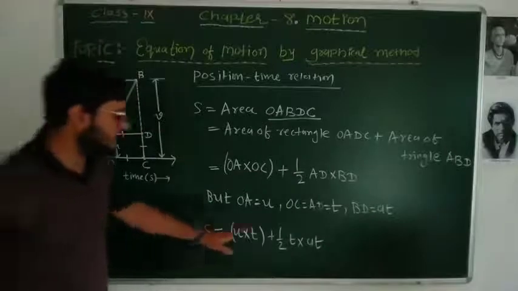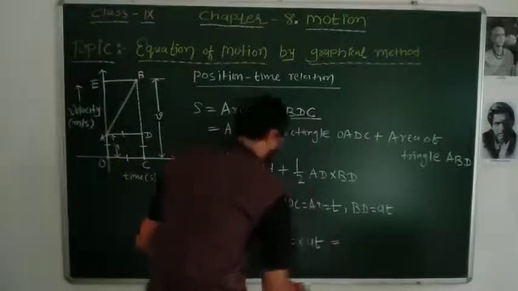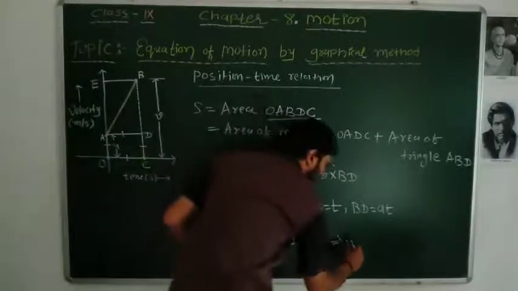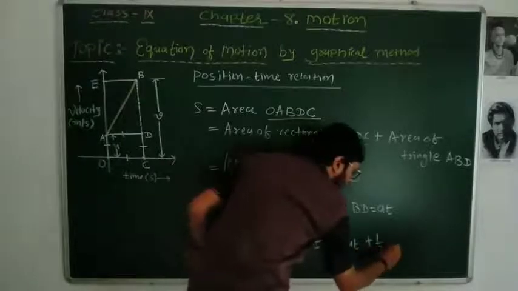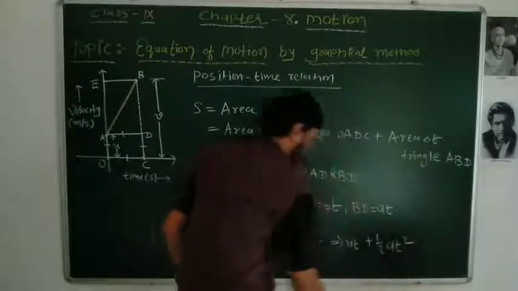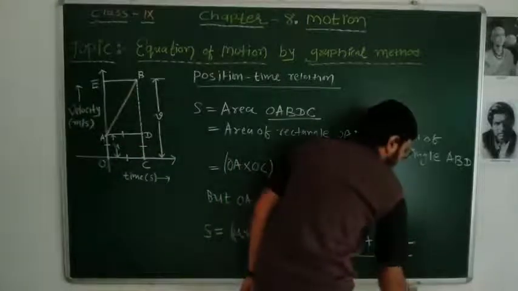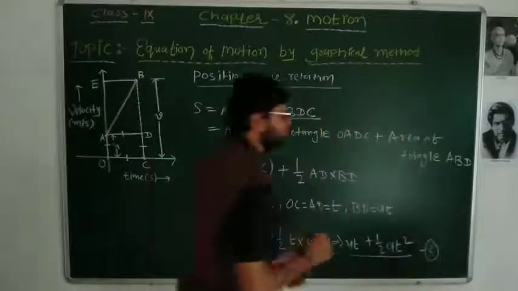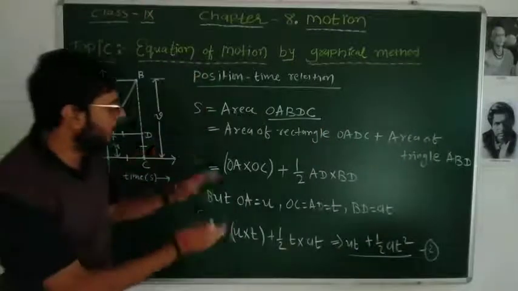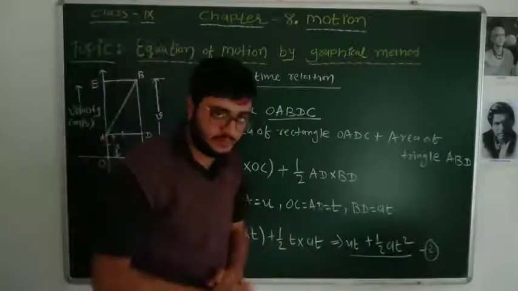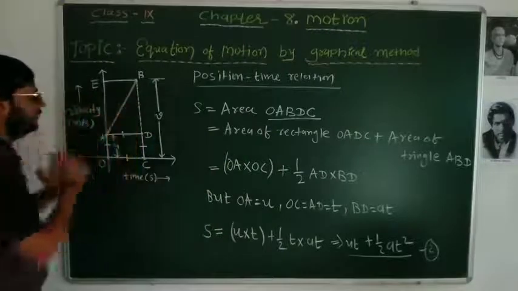So we can write it this way also: S is equal to UT plus half AT square. This is the second equation of motion. This is how we define the position time relation from this graph.